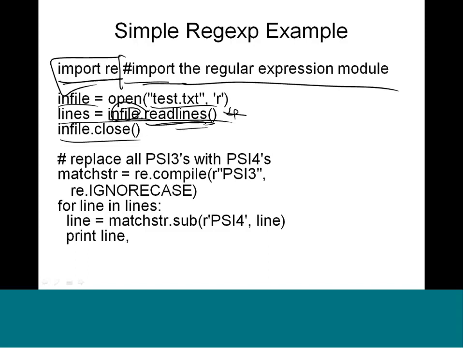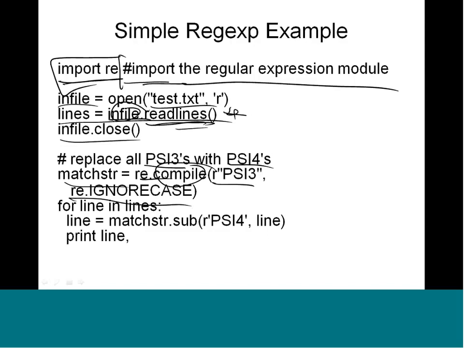Now we can actually replace all PSI3 with PSI4. The way we can do this is we can say match string equals re.compile. This is the method for the regular expression, and it takes a raw string specified as PSI3, and then we also specify another option, re.IGNORECASE.